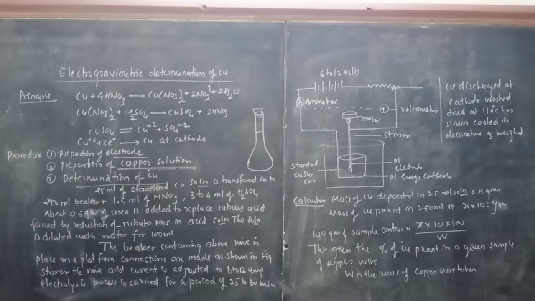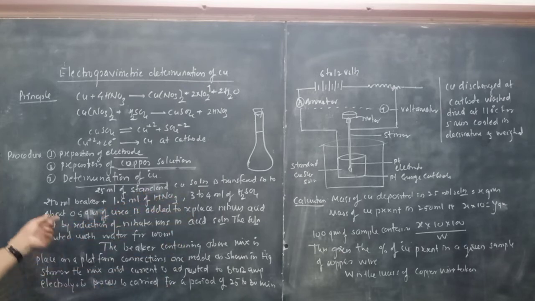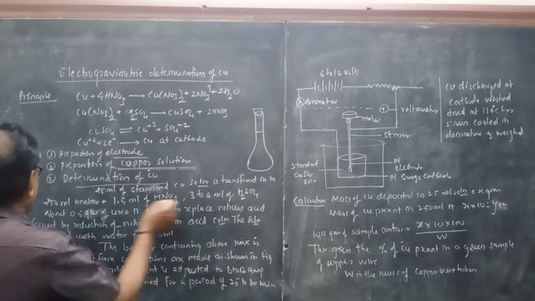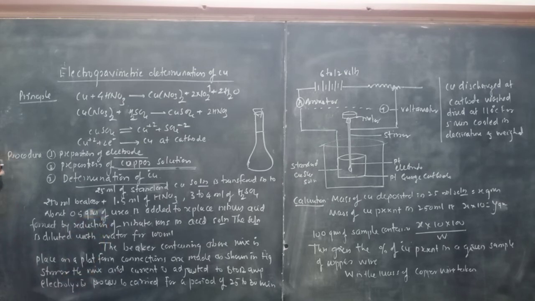In the recommended procedure, 25 ml of the standard copper solution is taken in a 250 ml beaker. To that, what is to be added? 1.5 ml of nitric acid is added. Then 3 to 4 ml of sulfuric acid is added. About 0.5 grams of urea is added to remove the nitrous acid.